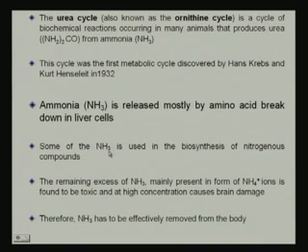Some of this ammonia is used in the biosynthesis of nitrogenous compounds, and the remaining excess ammonia, mainly present in the form of ammonium ion, is toxic, and at high concentration, if it starts accumulating in the living system, it causes brain damage.